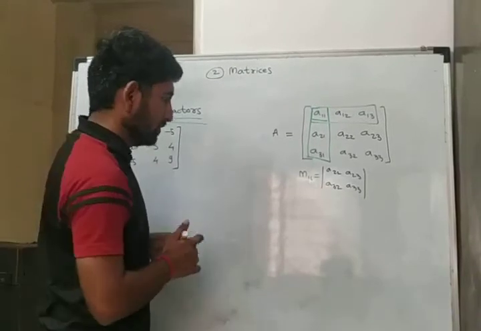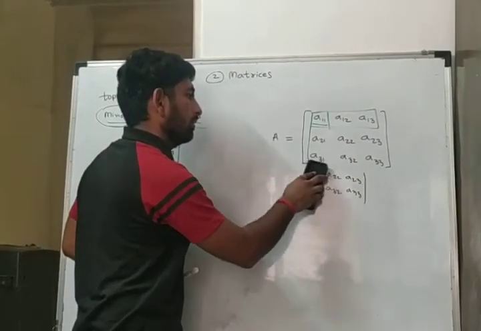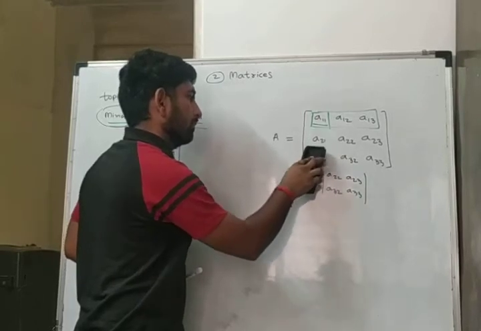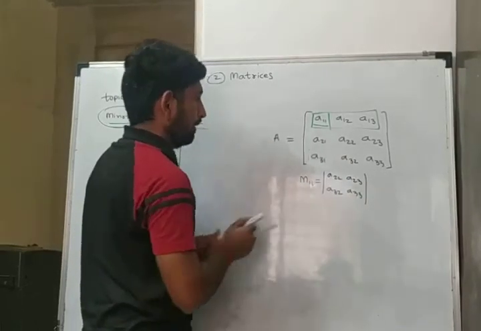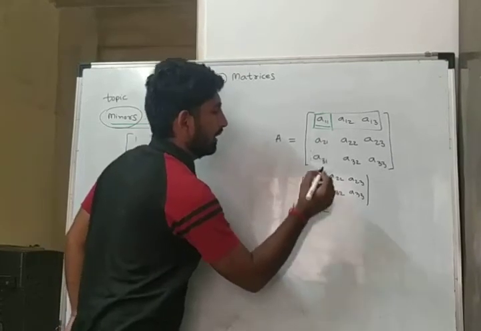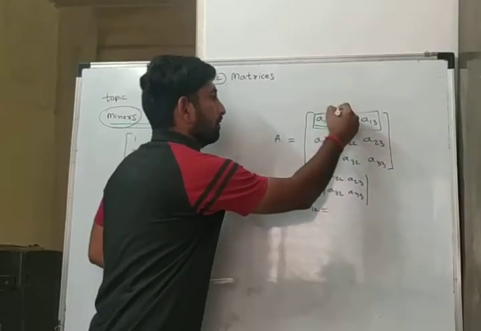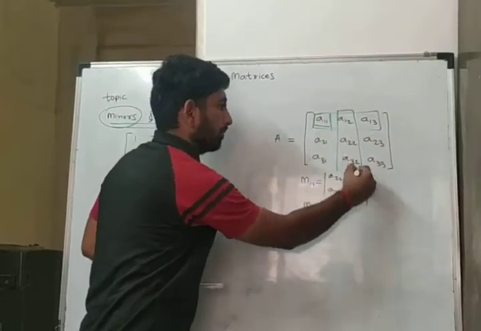Similarly, for the second position, if we want to find the minor of the second position A12, then similarly we hide the first row and second column.